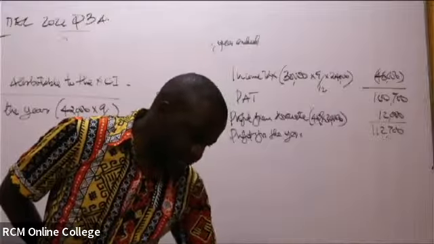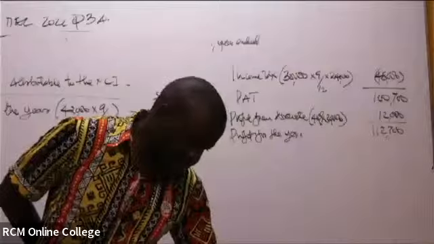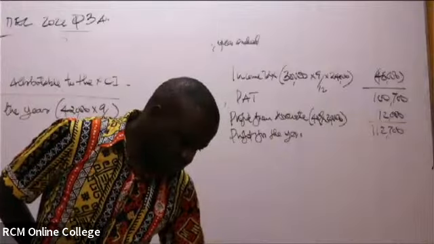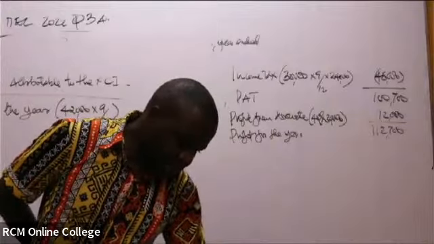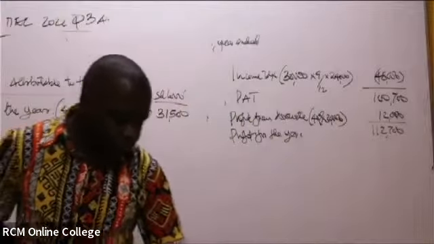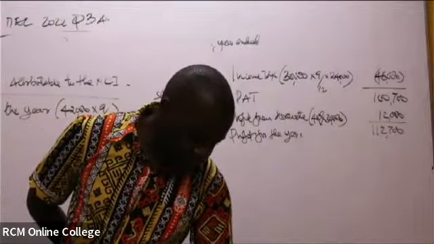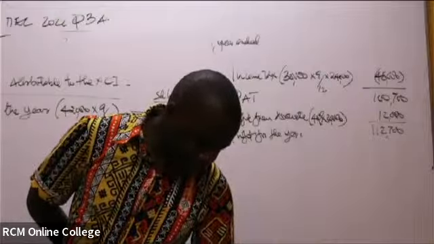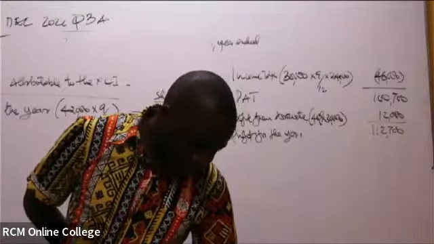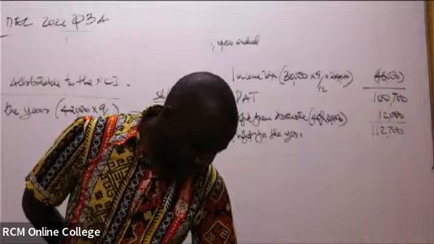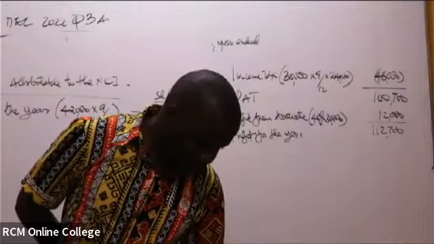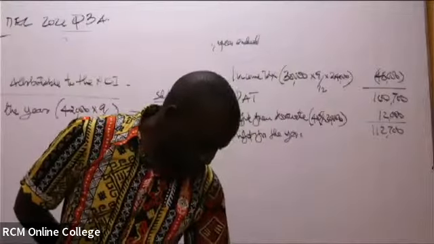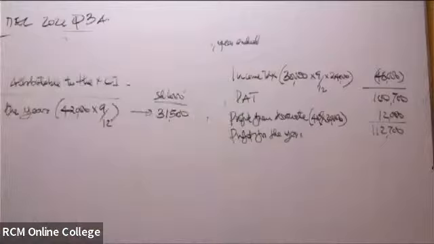There's a working where you are told sales from S Limited to H Limited in the post-acquisition period amounted to 30 million. S Limited reported a gross profit margin of 25% on these sales. So there is the unrealized profit from this item. Less unrealized profits that were not realized.